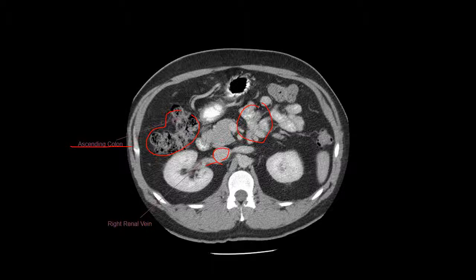So you're going to have really dry stool compared to other areas. So it's going to have a different density. It's not going to be completely solid. It's not going to be completely full of water. And also it's going to be less contrast because all the contrast hasn't necessarily made it to the colon yet as it's working its way through the gut. All right, you can see the very end of the spleen there. Okay.